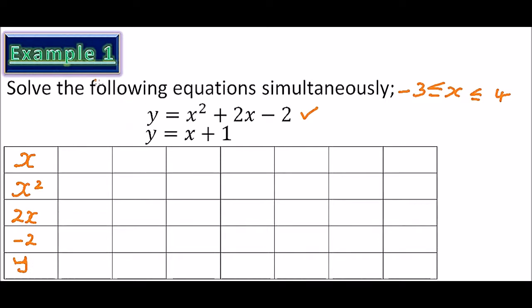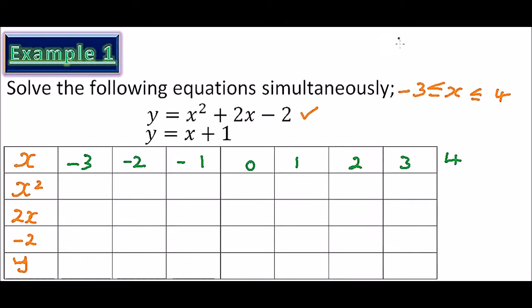Then the first row we fill the range of x, so it is from -3, so we have -3 there, -2, -1, 0, 1, 2, 3, and we have 4.